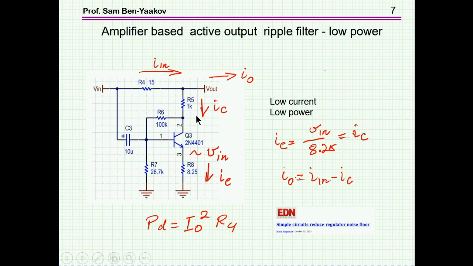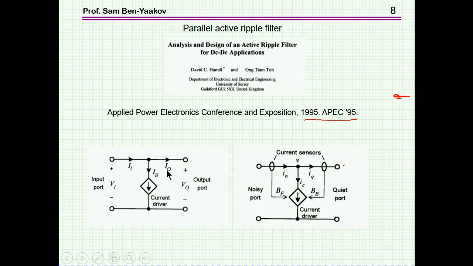However, this idea of shunt connection and current sinking is being used for high power too, and mainly for the input side. As a matter of fact, most of the papers on the subject are looking at the input side. So here's one of the earliest papers, a 1995 paper by Hamid and Tho, and the configuration is again, this is the noisy side, this is the quieter side, it's the load side.